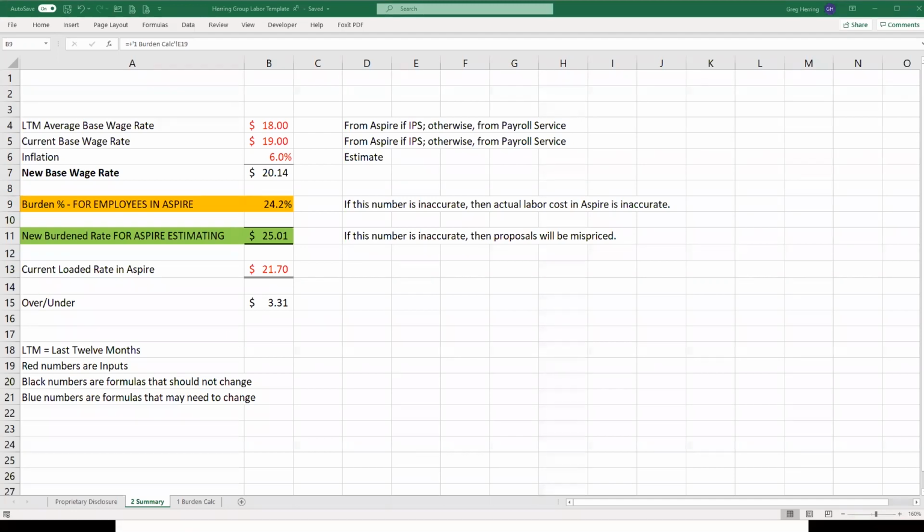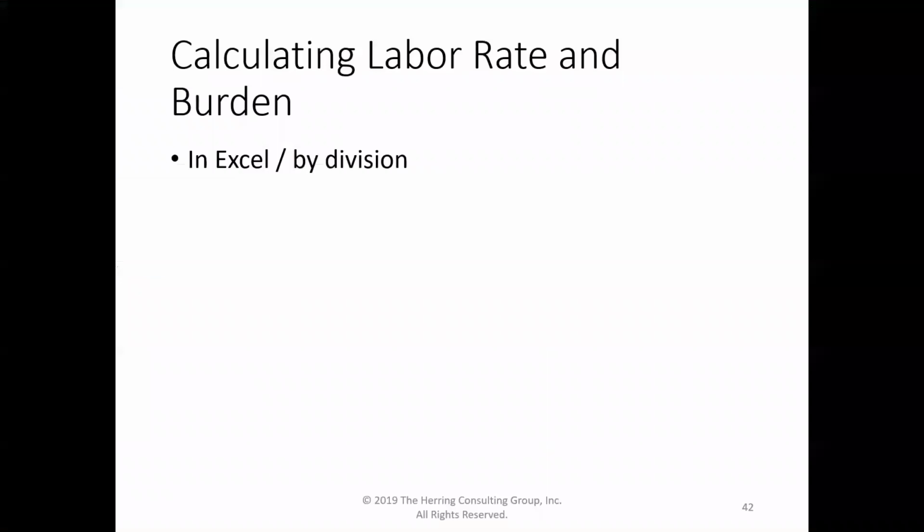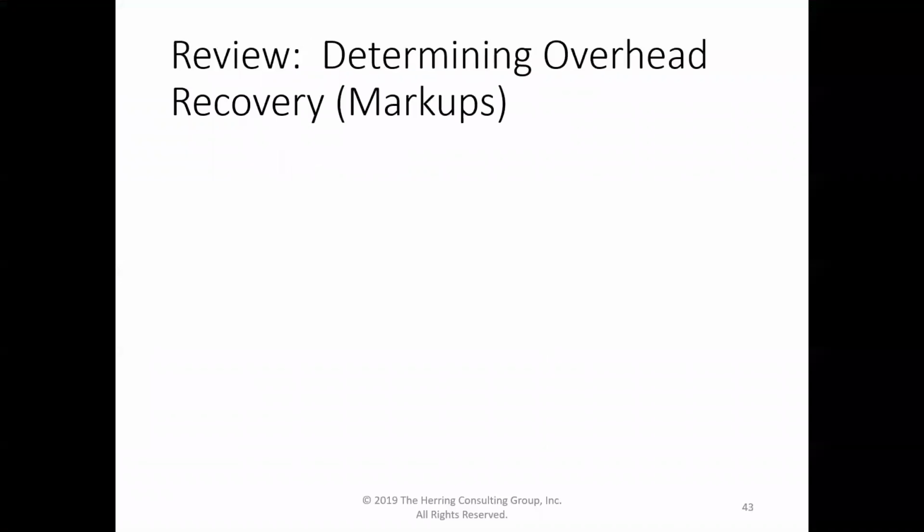All right. So that's the labor rate and burden portion of pricing, right? If you recall, there's also an overhead recovery portion of pricing. That's what we just covered on our last webinar 2 weeks ago. And I wanted Kevin to talk about a second method for doing overhead recovery.